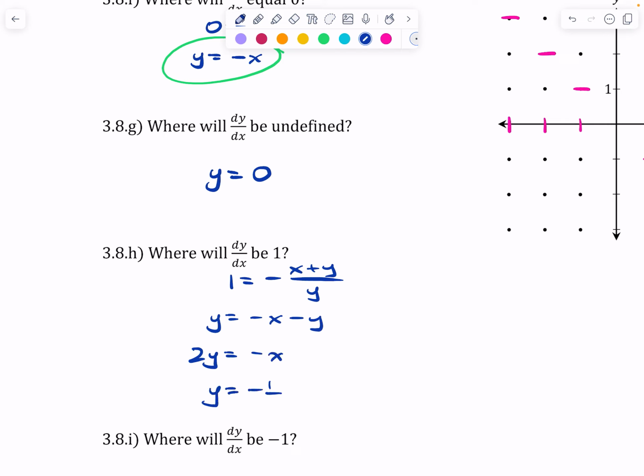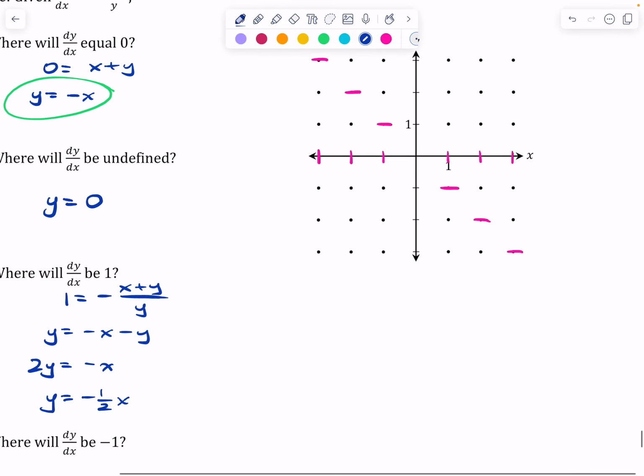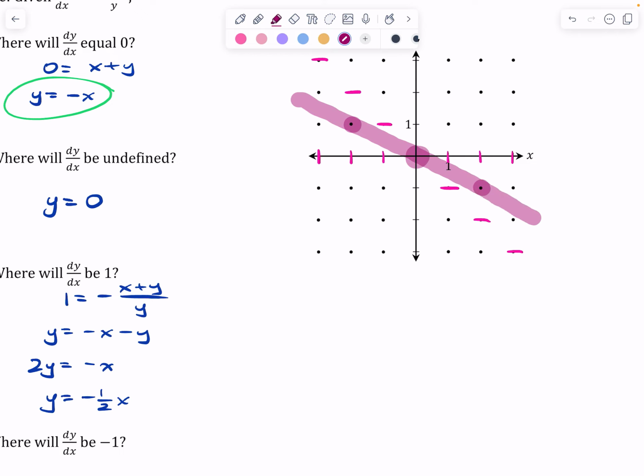So y is negative half x. So along the line y equals negative half x, we're going to have a slope of 1. The line y equals negative half x has an intercept at 0 and then a slope of negative half. So it's hitting these points as well and cutting through there.